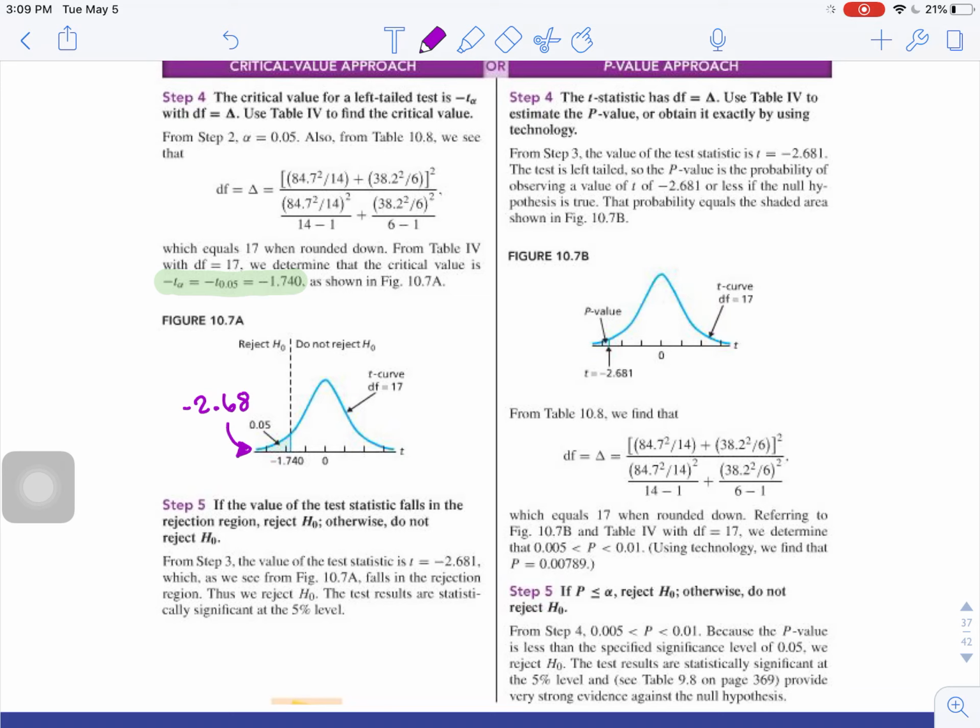That again falls in this region right here. So we are going to reject our null hypothesis and we are going to accept the alternative. There's enough evidence to reject that null hypothesis. So we are going to say that yes, we do know that the dynamic system is better than the static system.